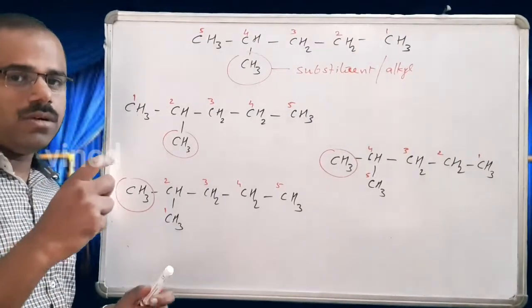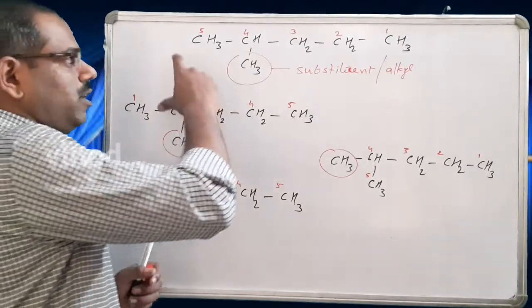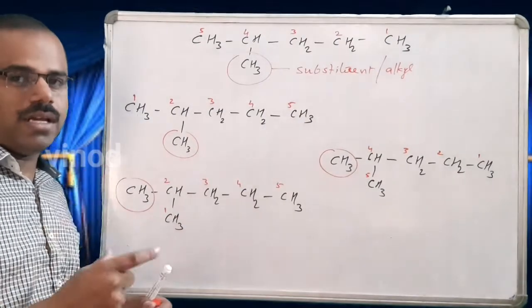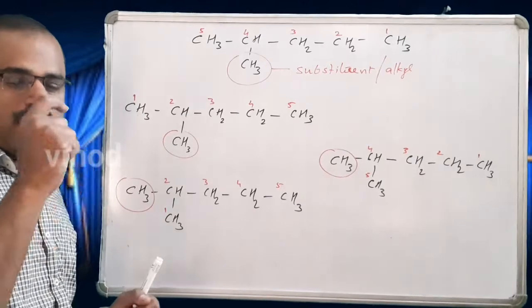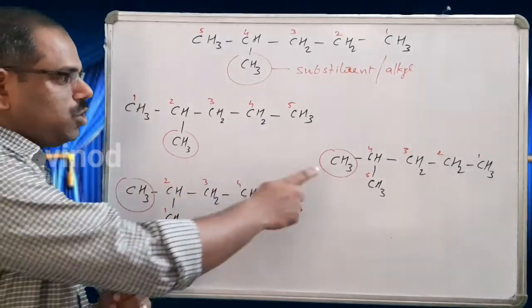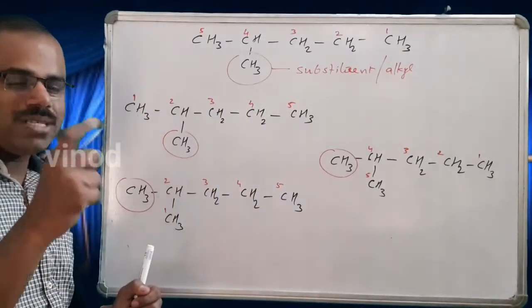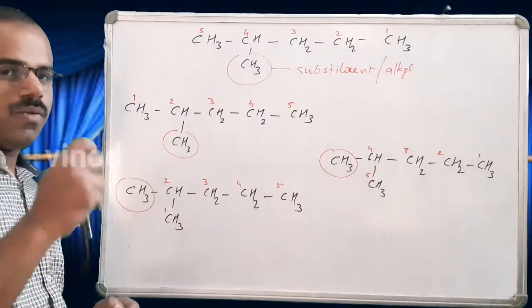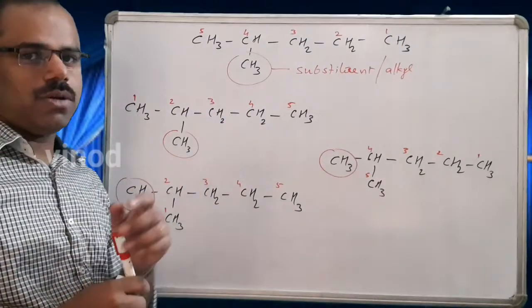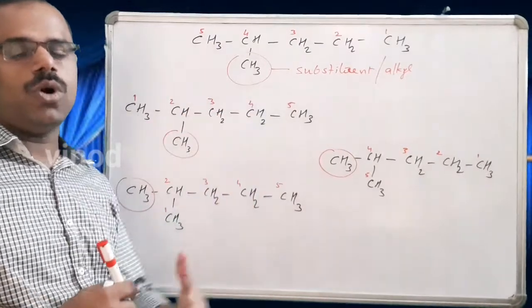What is the rule? The longest chain. The first rule is the longest possible chain, which we made. The second sub-rule is that the alkyl group or the substituent must get the lowest number. The substituent is to be attached to the carbon with the lowest number.